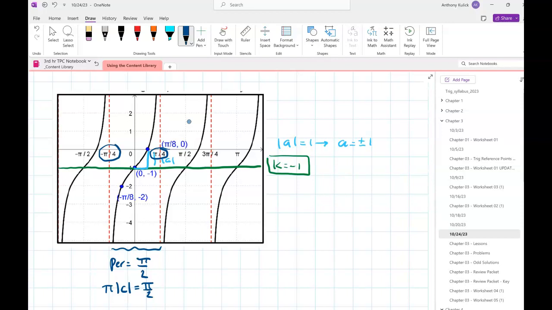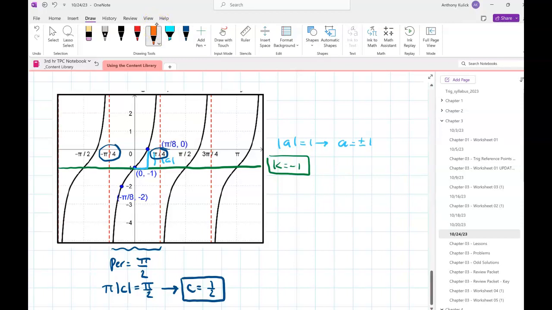So if I know pi times the absolute value of c has to equal pi over 2, what does just c have to be? Ava. 2. Close. Because 2 times pi would be 2 pi, right? 1 over 2, yes. So pi times a half should be pi over 2. And we're always going to choose c to be positive.